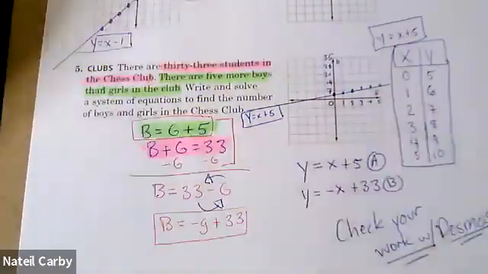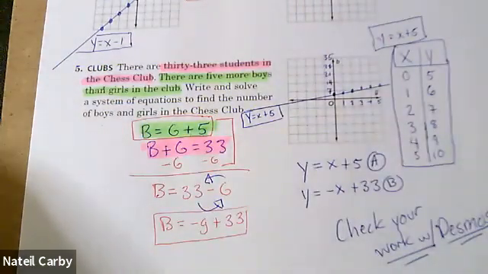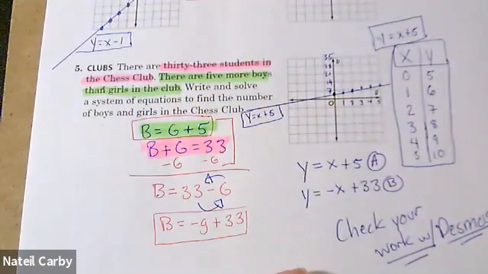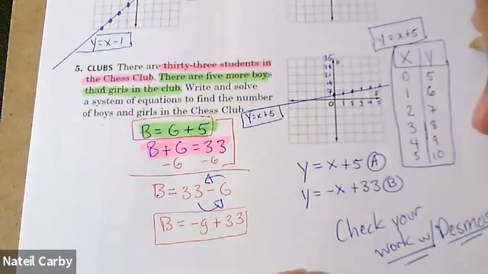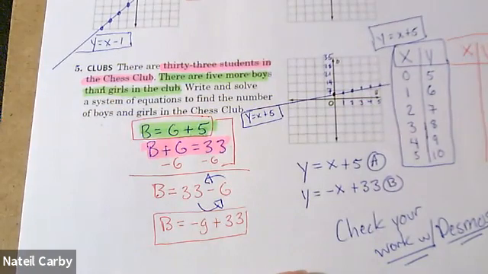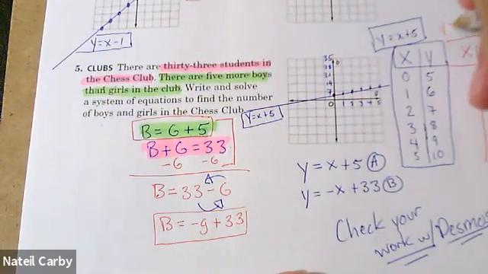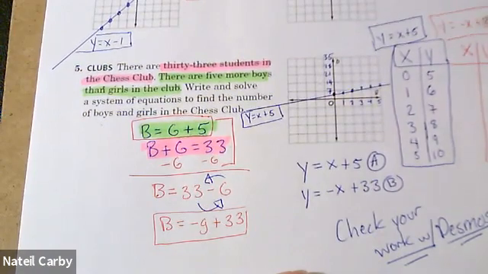Let's do another one. Here we go. We have another x and y table here. All right. So y equals negative x plus 33.